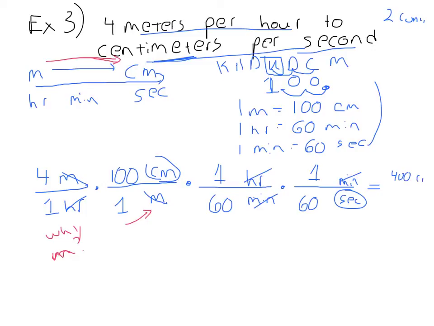Don't forget your centimeters. Over 6 times 6 is 36. Add the 2 zeros, 3600 seconds. And then go ahead and divide, and you get 0.1 repeating.